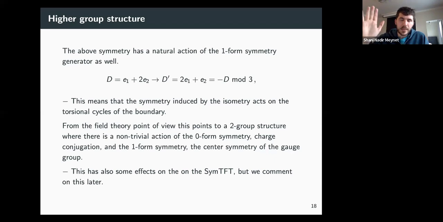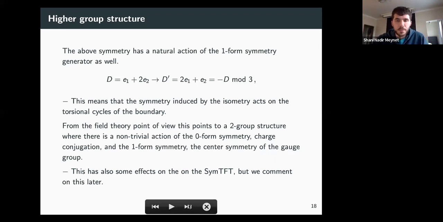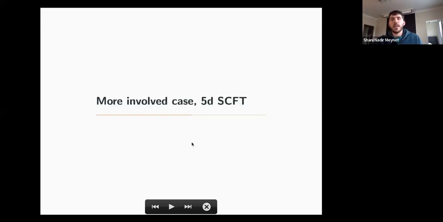I have some theories in which the SymTFT can be explicitly written, and I can show exactly what term you would miss if you don't include this isometry in your analysis of the boundary geometry. But this is a case for later. So this concludes the example in the 7D case.